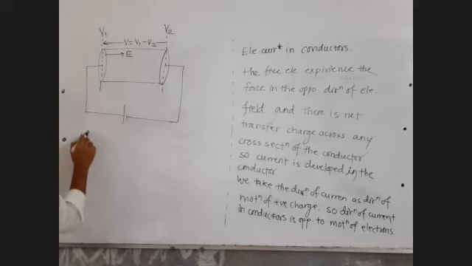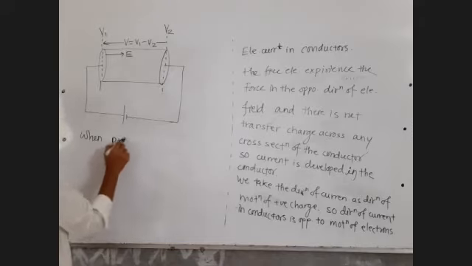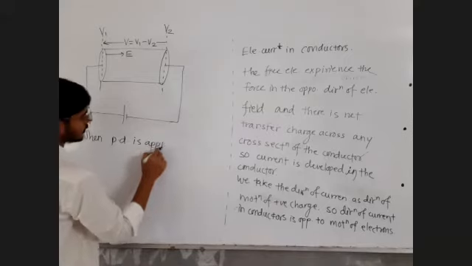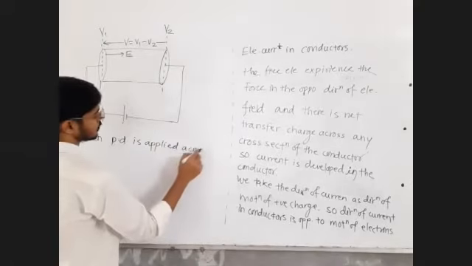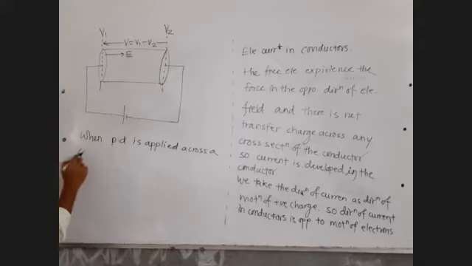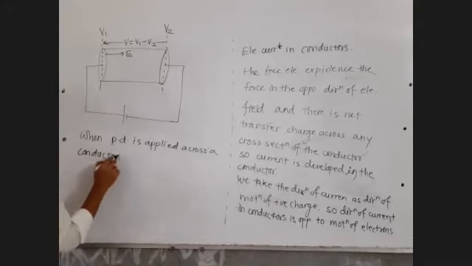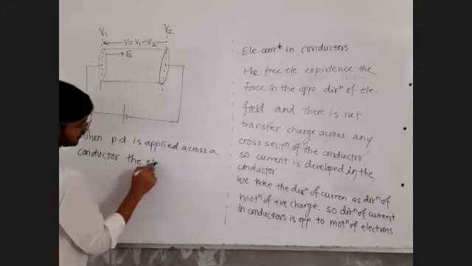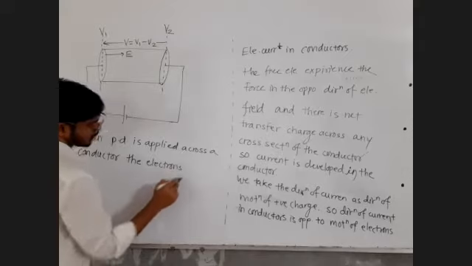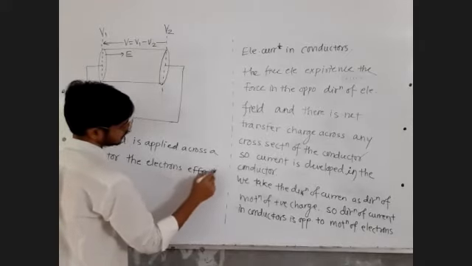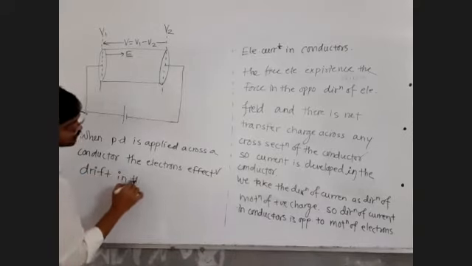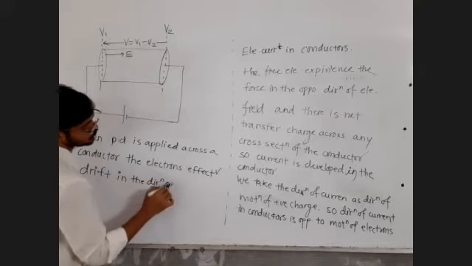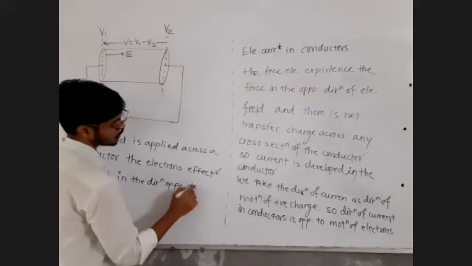So write down: when potential difference is applied across a conductor, the electrons effectively drift, drift means move, in the direction opposite to the electric field.